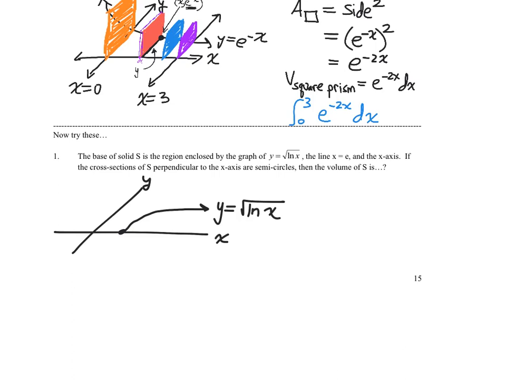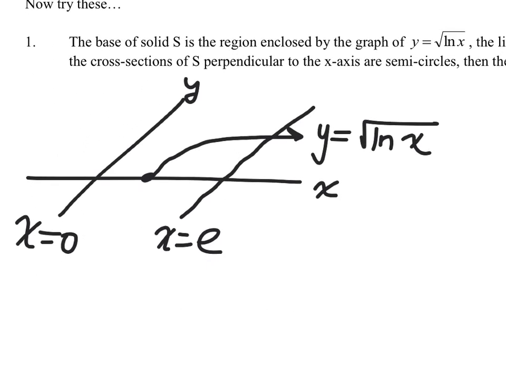It's enclosed by that curve, the line x equals e, so that would be this. We have x equals 0 here. And we have to have semicircular cross sections. So I'm going to follow a similar idea to what I did up there, except I'm going to create semicircles.